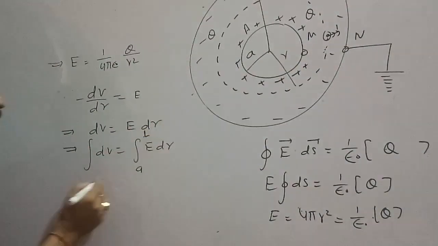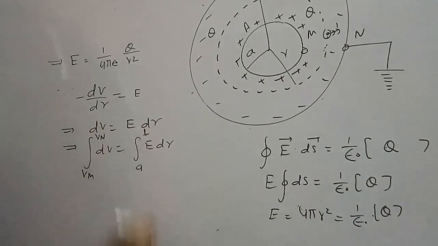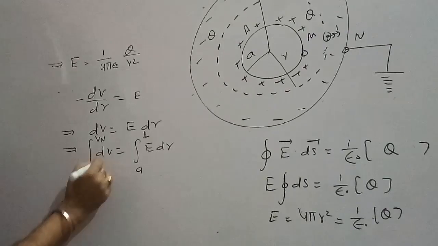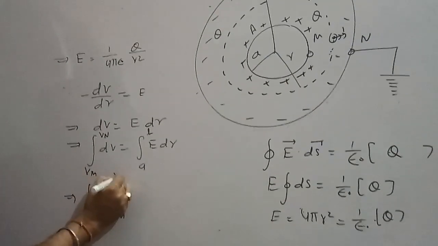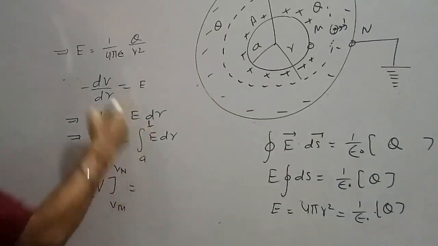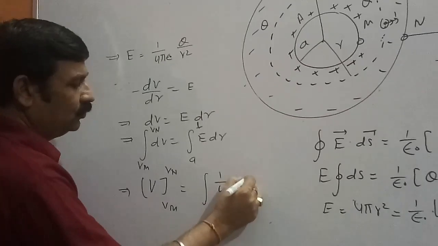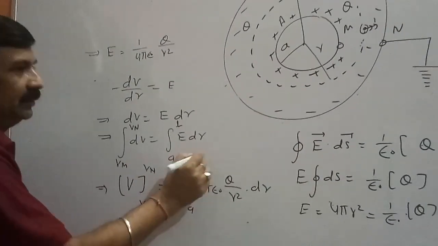When the point is M, the potential will be Vm, and when the point is N, the potential will be Vn. The integration of dV will be V between limits Vm to Vn. The value of E is 1 upon 4 pi epsilon naught Q upon r square into dr between limits a to b.